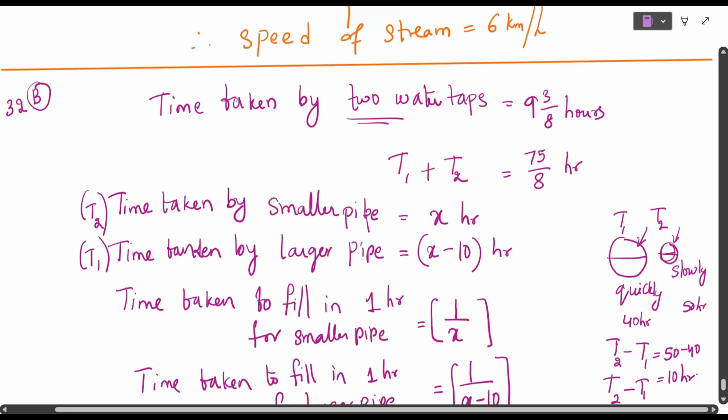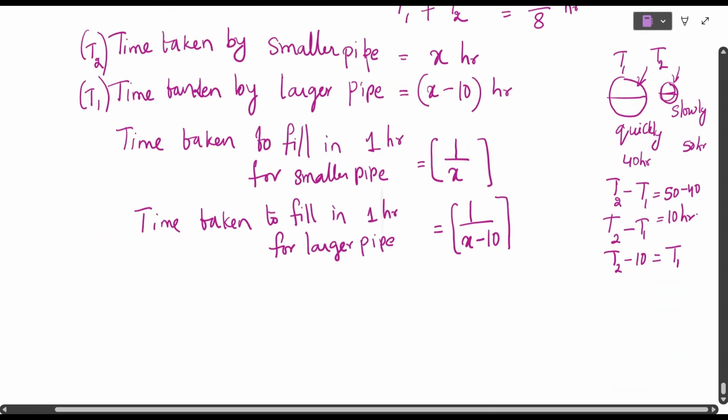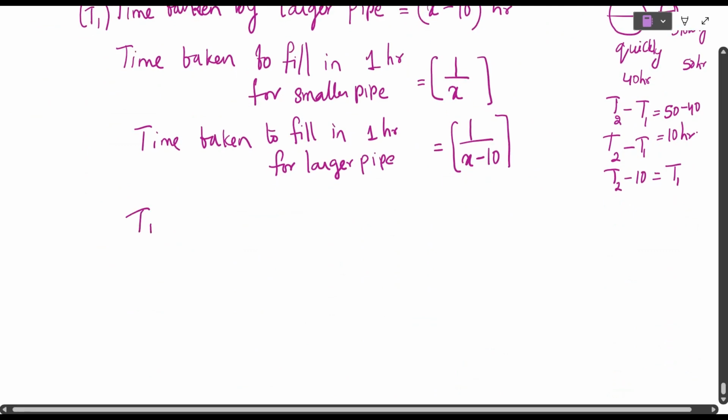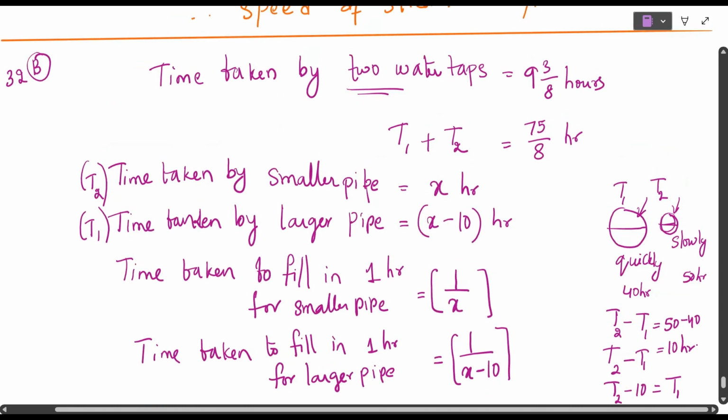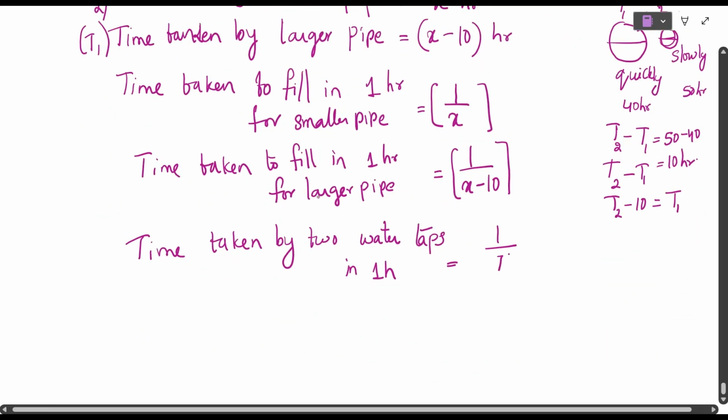Okay. Time taken by two water taps in 1 hour. So that is 1 by how much, students? 75 by 8. Okay. So this gives 8 by 75.